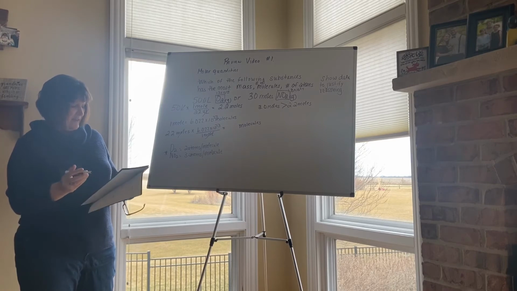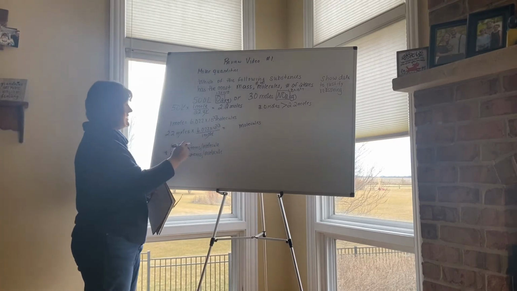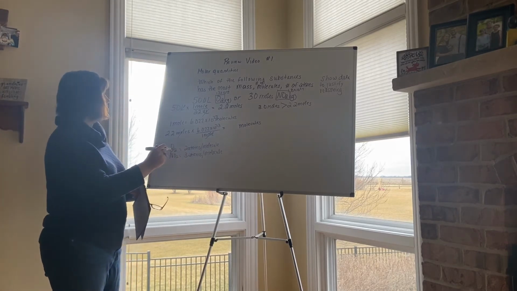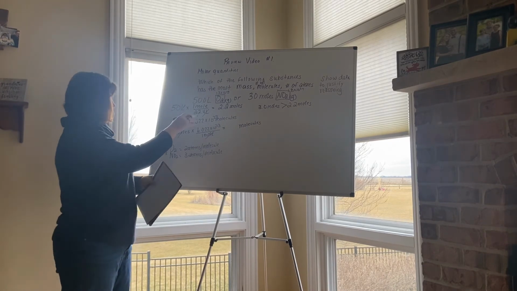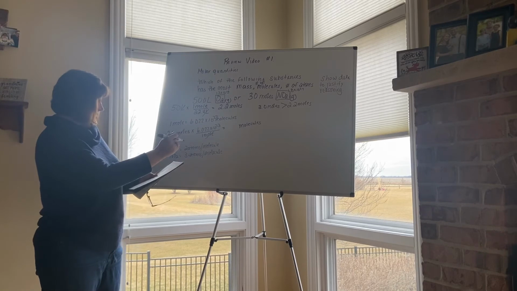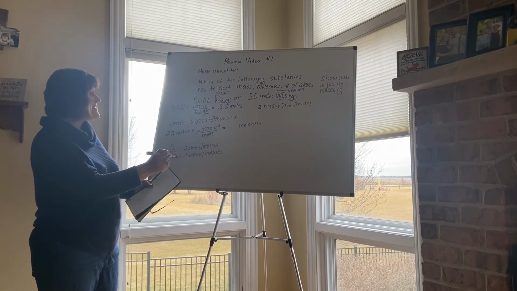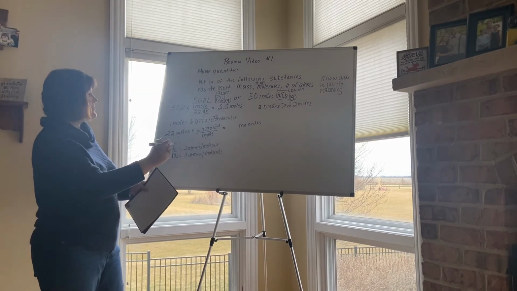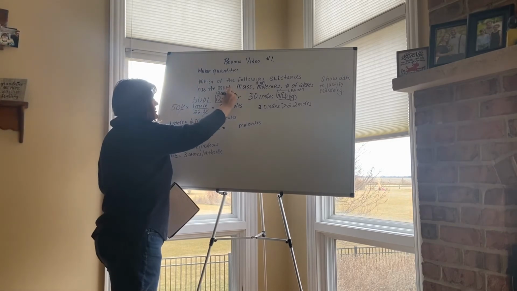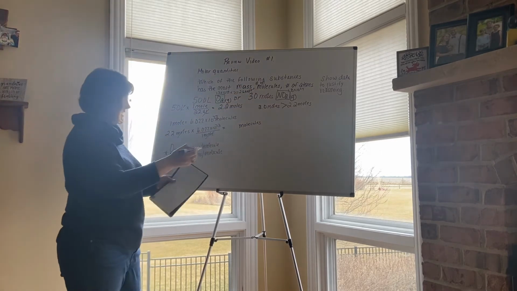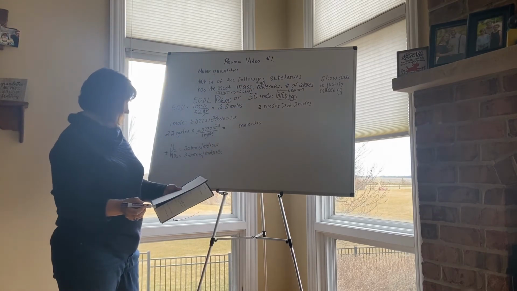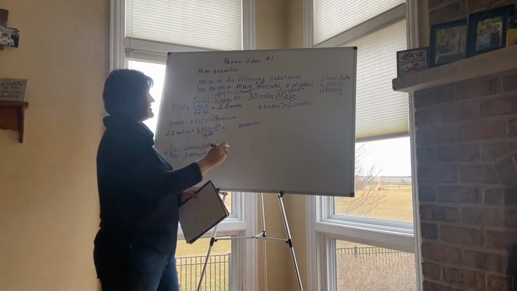And in fact, if we calculated these answers out, for our oxygen it would end up being 2.6 times 10 to the 24th, so multiplying this one by 2. And for our NO2, it would be 5.4 times 10 to the 24th.